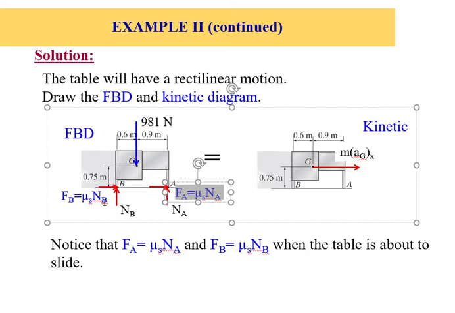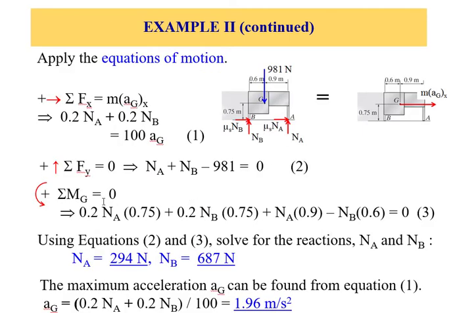Now, upon applying the summation of forces in X on the table, we have the X direction positive to the right, and the Y direction positive upward. We label all the forces and the reaction forces, including the friction and the weight.